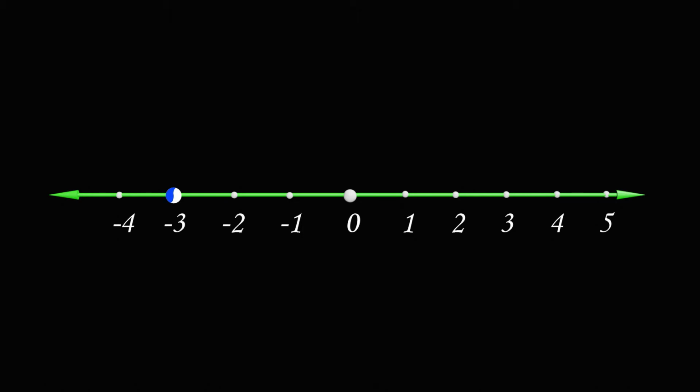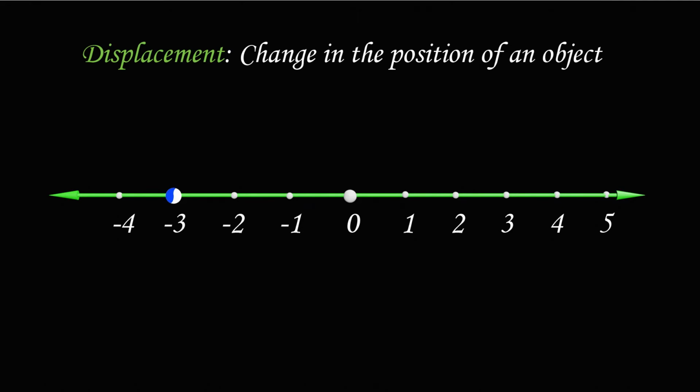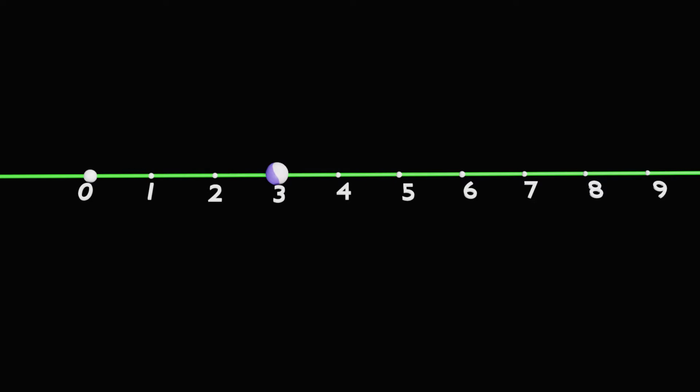In this video, we are going to talk about displacement. It is defined as the change in the position of an object. For example, let's say that ball is at 3 meters from the origin initially, and now it is displaced to 7 meters from origin.